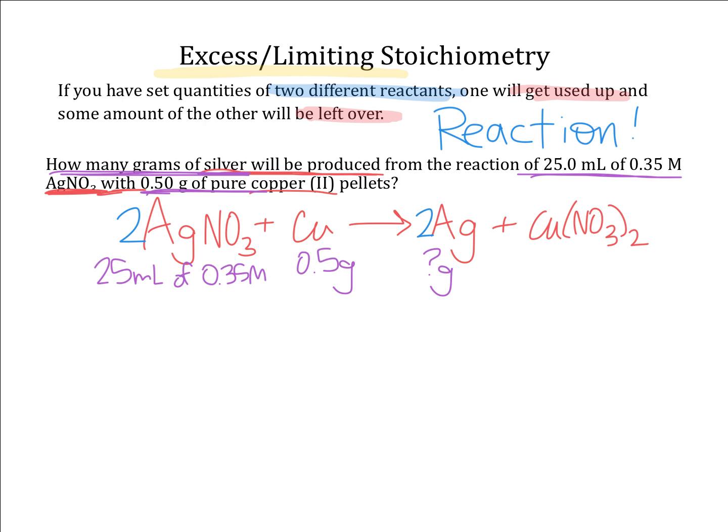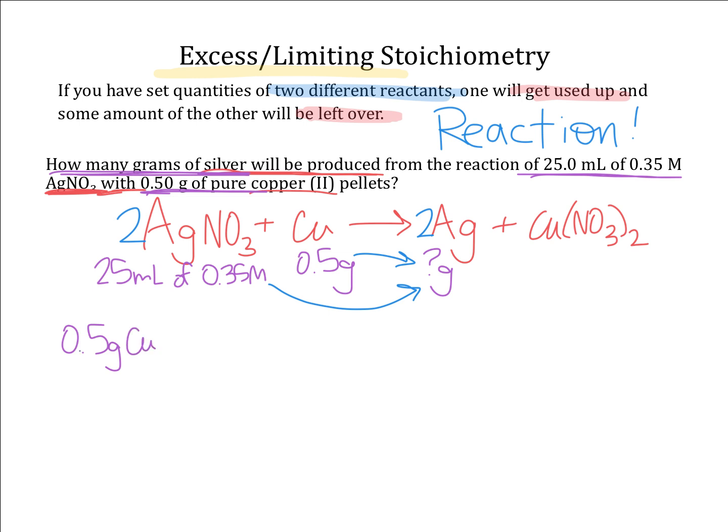So I'm actually going to do two separate stoichiometry problems here. One with the copper turning into silver and figuring how much I can make, and the other with the silver nitrate turning into silver and figuring how much I can make. It doesn't matter which order I do them in, I'm just going to do two separate problems. So I'm going to start with the 0.5 grams of copper.